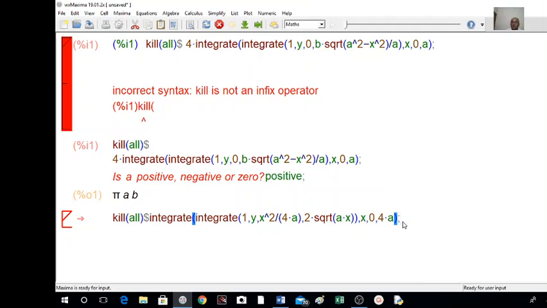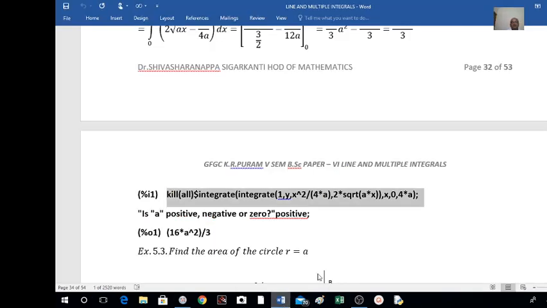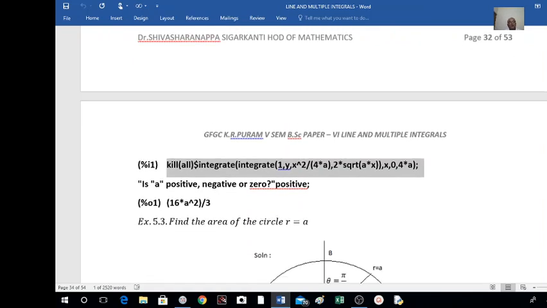Let me execute this program. A is positive, negative? Okay, positive. I'll write positive. Shift enter, execute. 16a square by 3, right? Next, I will go to the next example.